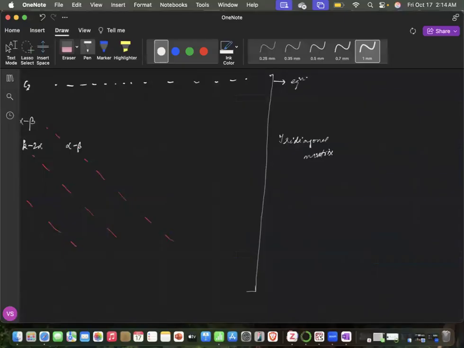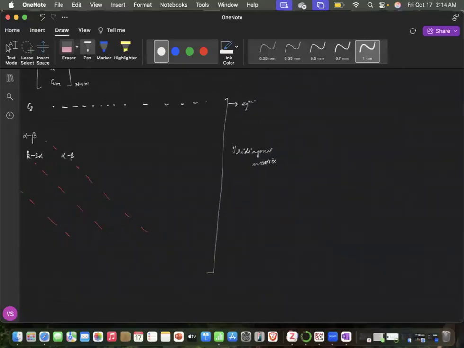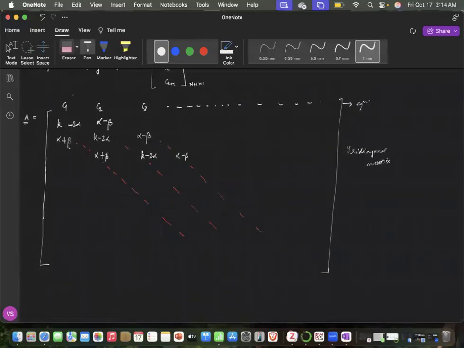So the second last equation over here is going to be something like this, with alpha plus beta here, k minus 2 alpha here, and alpha minus beta here, right?